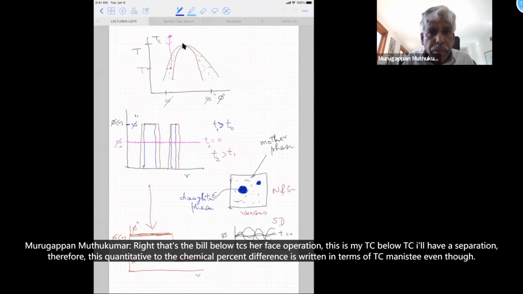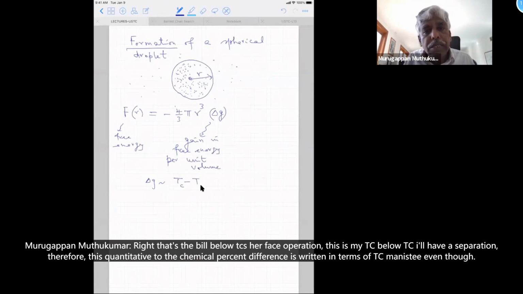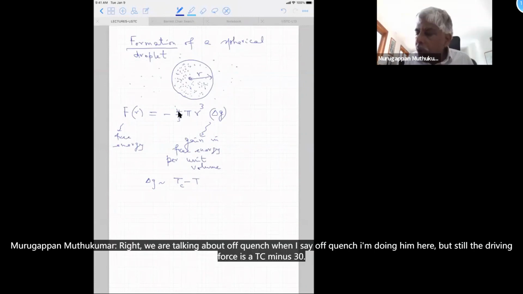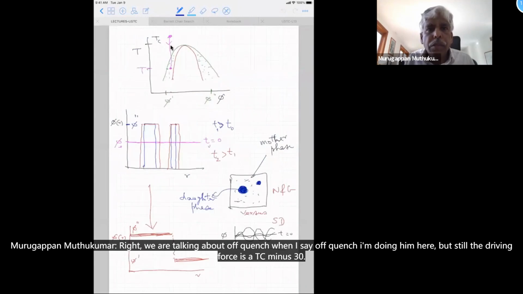Below Tc I'll have phase separation. Therefore, this quench depth, the chemical potential difference, is written in terms of Tc minus T, even though we are talking about off-critical quench. When I say off-critical quench, I'm doing it in here, but still the driving force is Tc minus T.